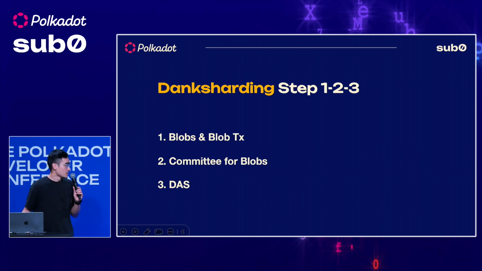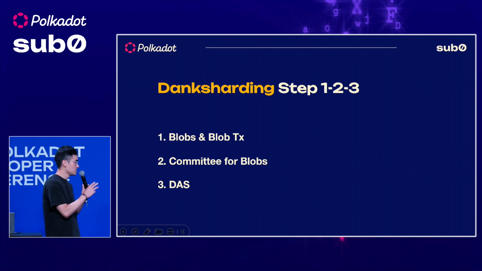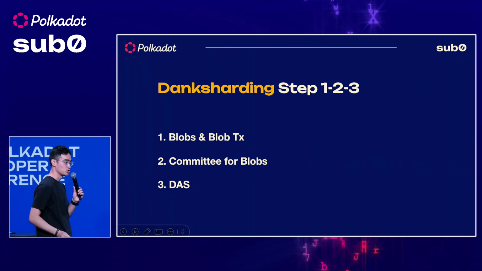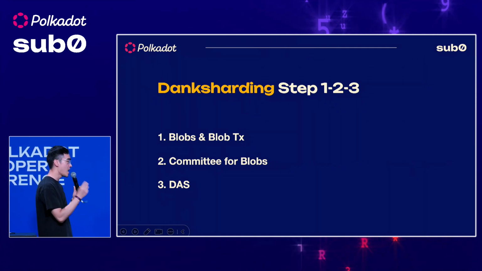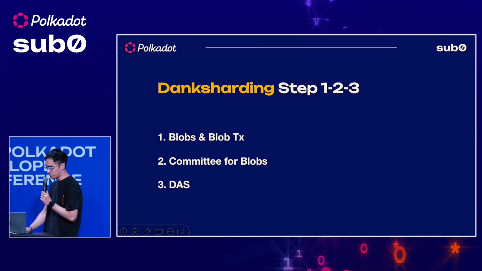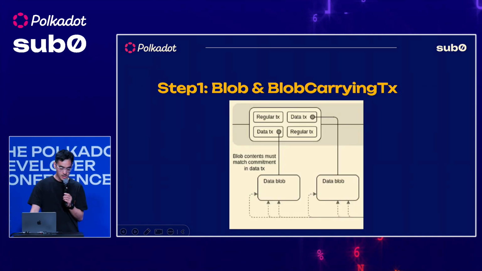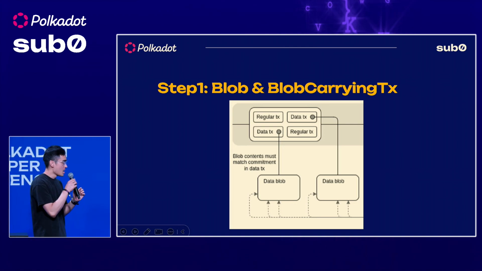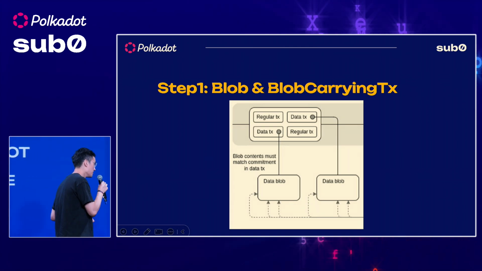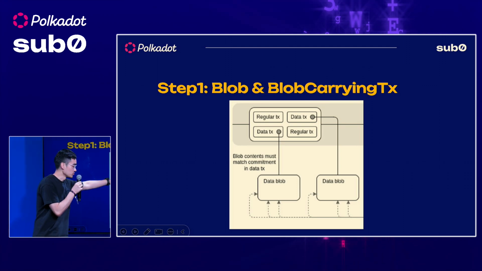And if you're not very familiar with this dank sharding thing, I have a very simple explanation. Just 3 steps for how this dank sharding will be implemented in the future. The first step is introducing a special transaction type called a blob transaction, or data transaction.